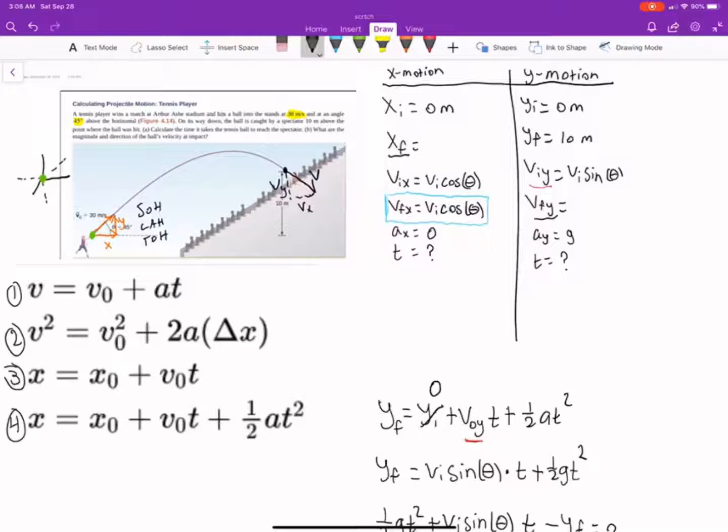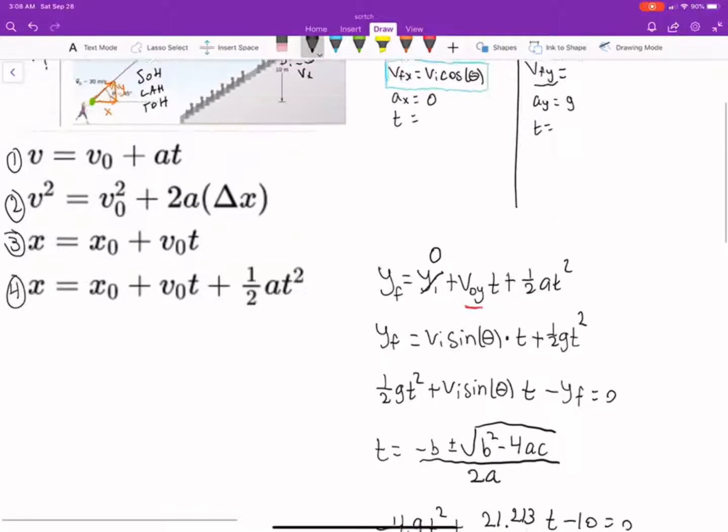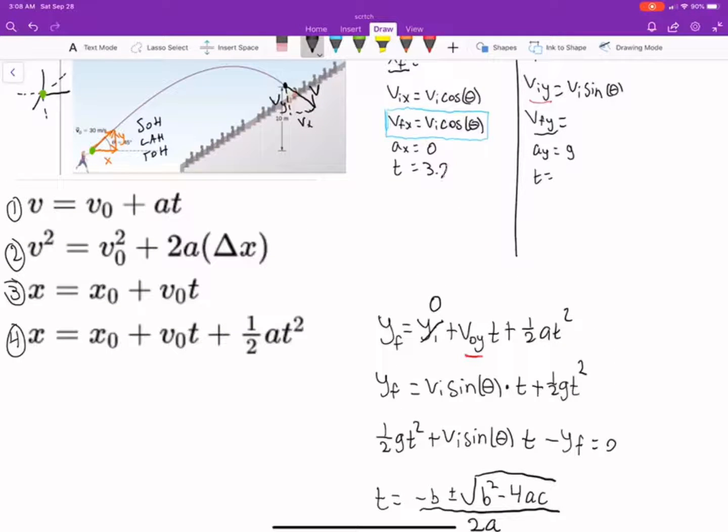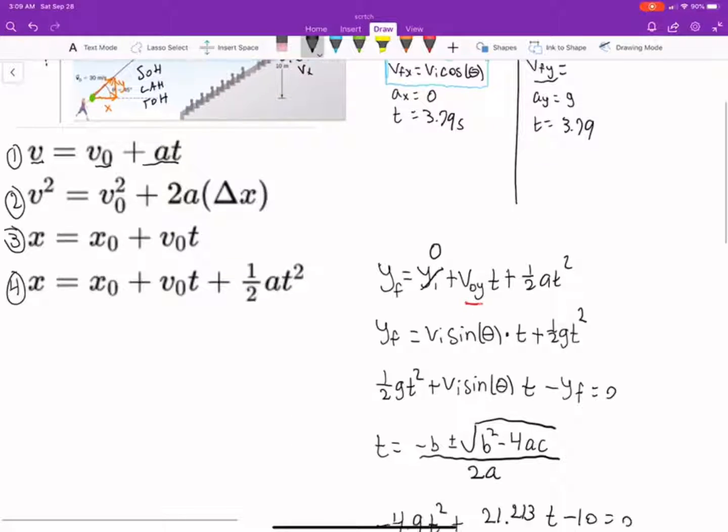But with y, this is a little trickier because we have acceleration. But now that we know time, this is no longer a mystery, right? We just solved for it. It was 3.79. And nicely, we can see that velocity final is equal to v initial plus acceleration times time, and we just found time, so works perfectly.